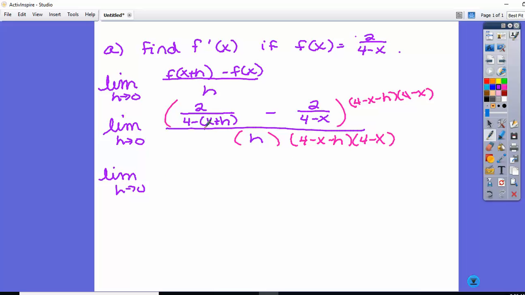When you do that, in the first fraction, that denominator cancels, so you have 2 times the 4 minus x. In the second fraction, the 4 minus x cancels, so you have 2 times 4 minus x minus h over our denominator.